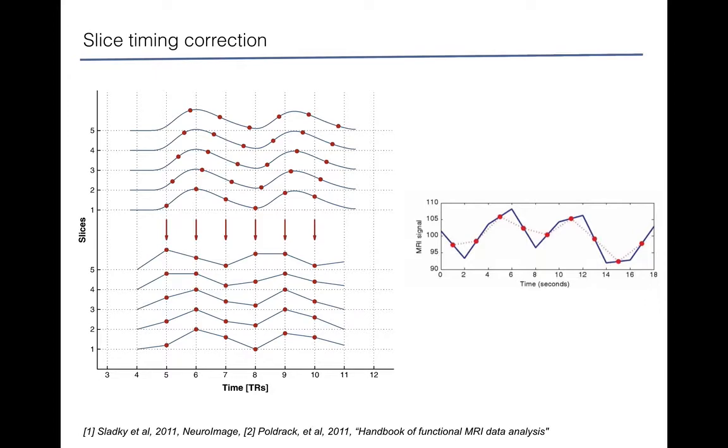So let's say maybe 10 years ago, the TR was in the order of 2 to 3 seconds, but now we are using multi-band imaging techniques. We can collect the whole volume in, let's say, about 700 to 800 milliseconds, meaning that there is not much big difference between the time of the acquisition from the first slice to the last slice.